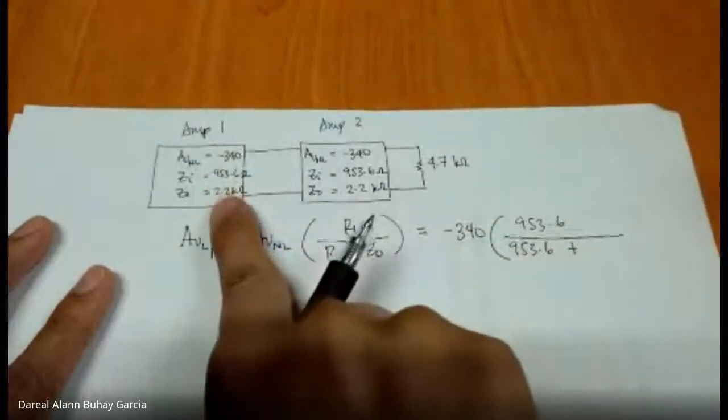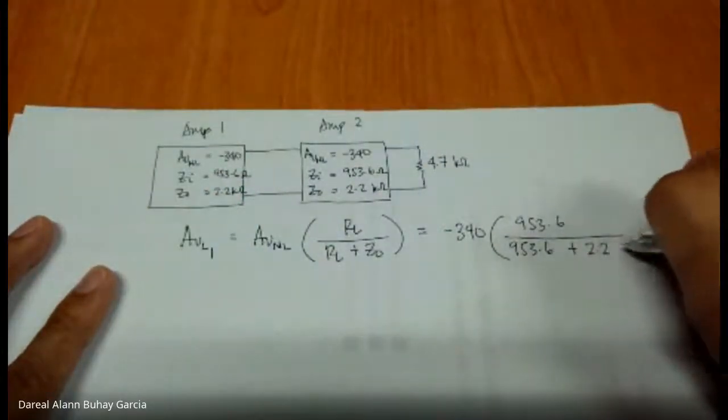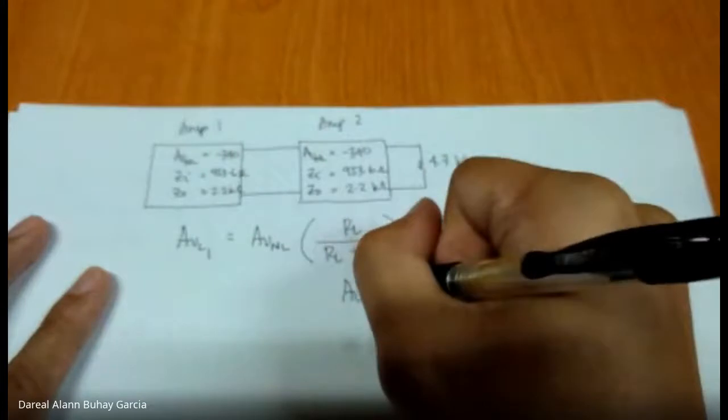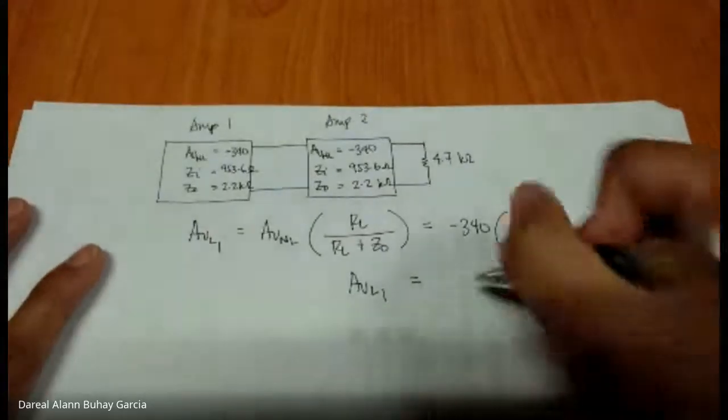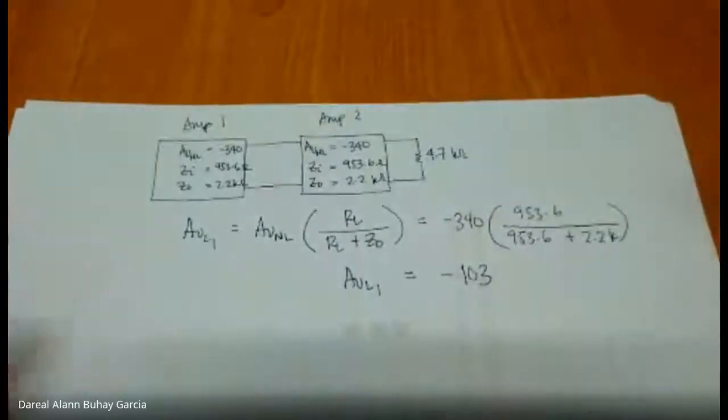ZO niya, no? 2.2K. Nasa mga negative 103. Okay, para ba tayong answer?